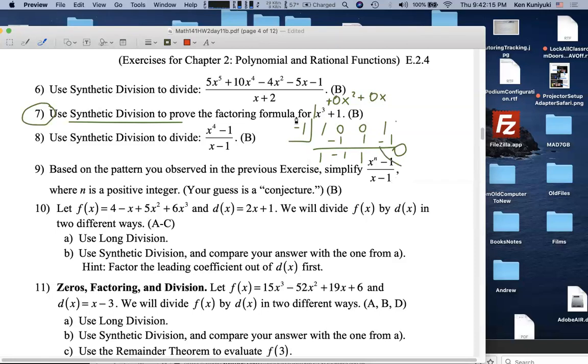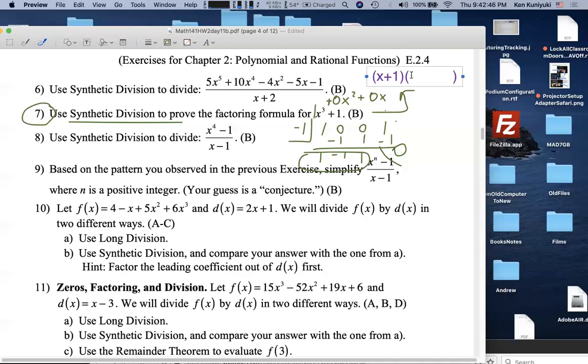So this tells us that -1 is a 0. If -1 is a 0, what's a factor? X plus 1. Notice same sign. And then how do we get the other quadratic trinomial? Well, we look at the coefficients down here and read off the quadratic trinomial.